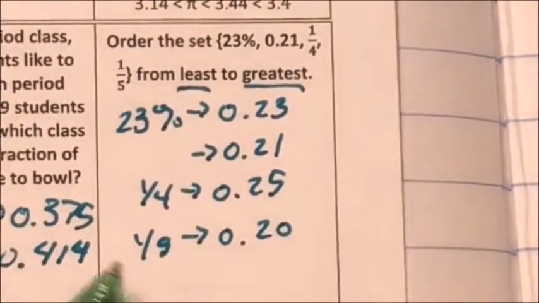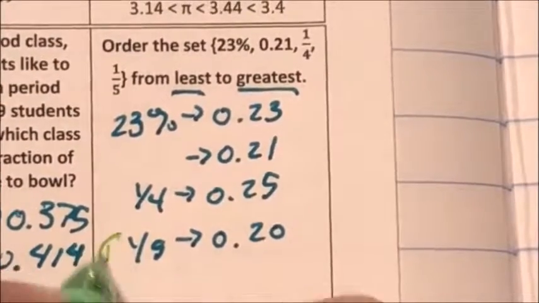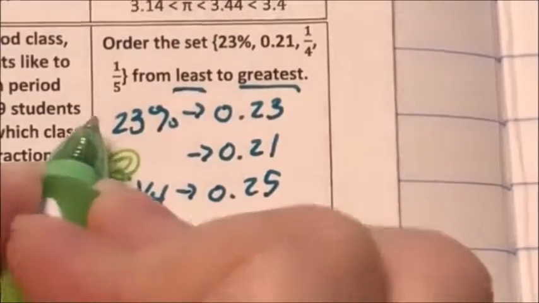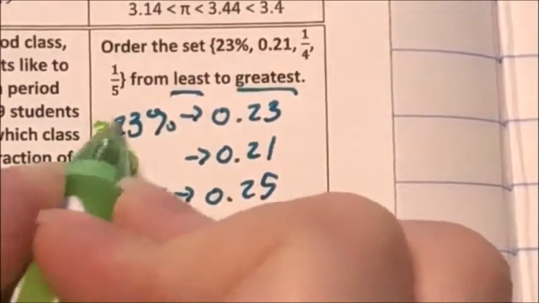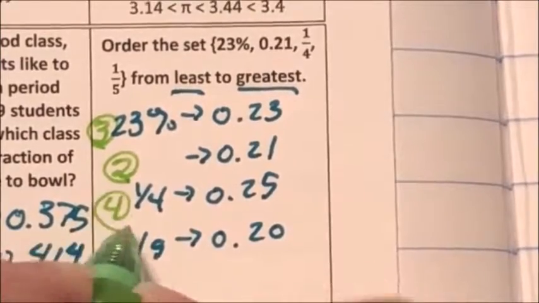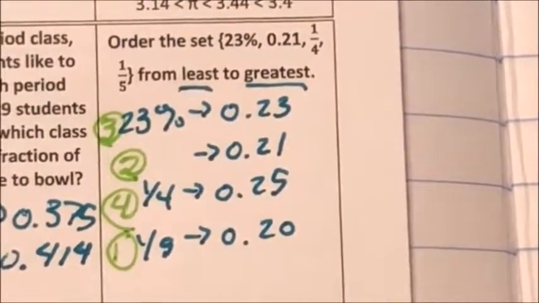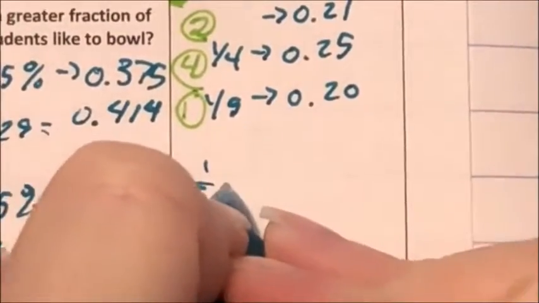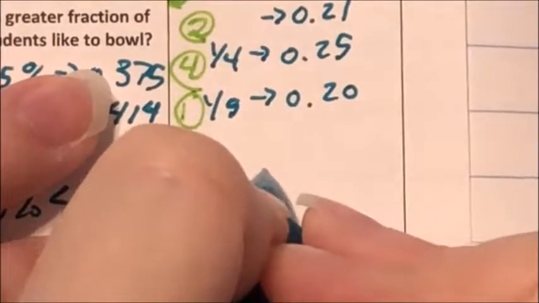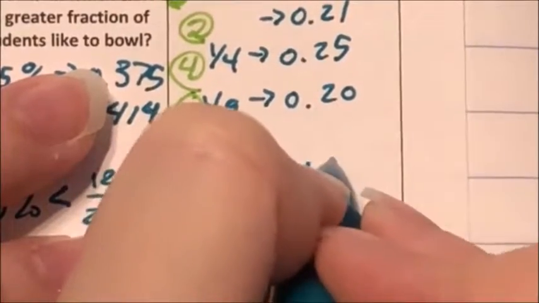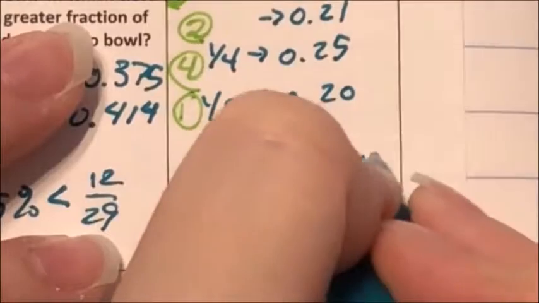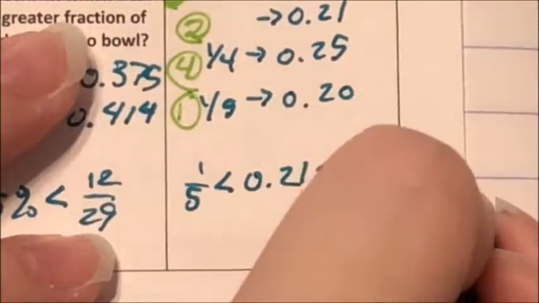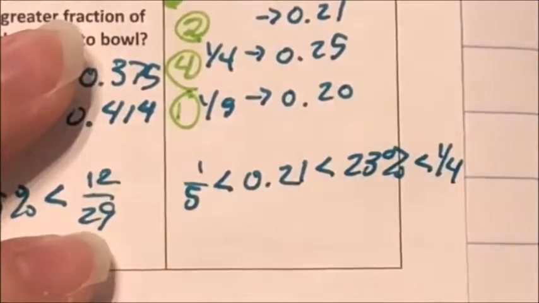The smallest one is 1/5, and then it's 0.21, and then it's 0.23, and then it's 0.25. Okay. So my smallest is 1/5, which is less than 0.21, which is less than 23%, which is less than 1/4.